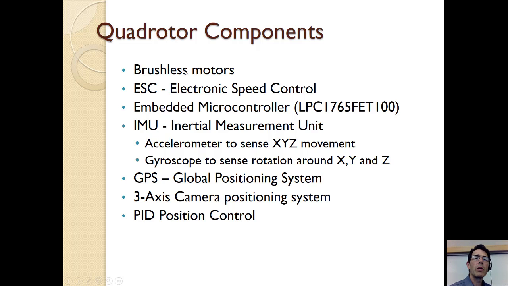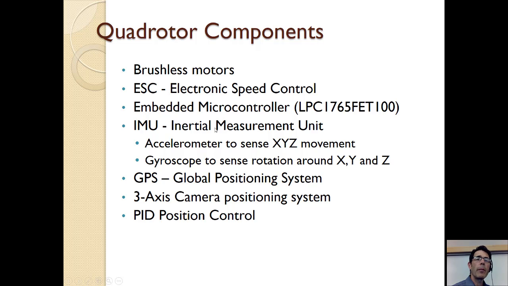You've got brushless motors to drive the propellers, electronic speed control for the brushless motors. That would involve pulse width modulation to control the speed. Also some kind of embedded microcontroller at the core of everything.